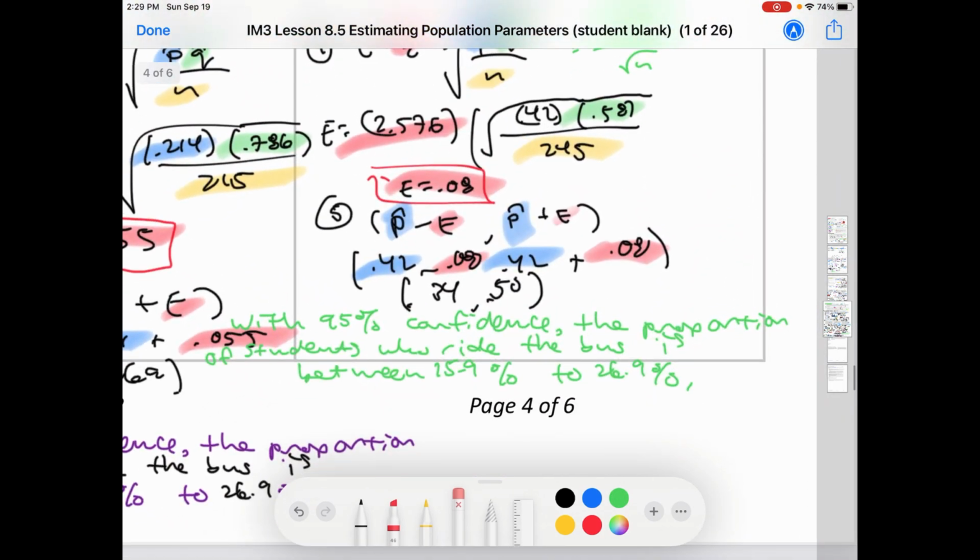So a 99% confidence interval. A 99% confidence, the proportion of who?